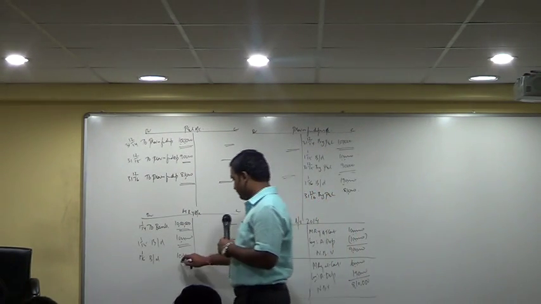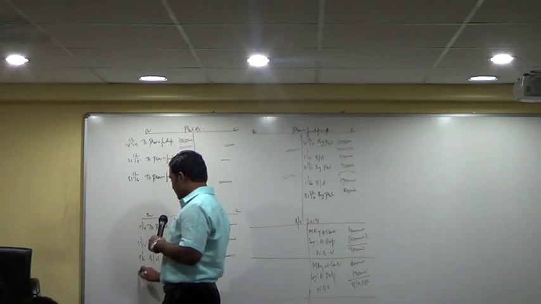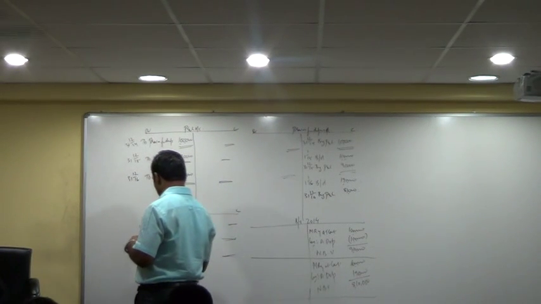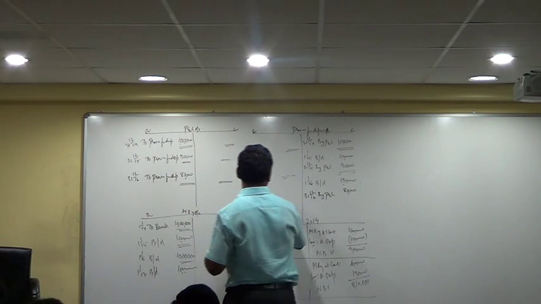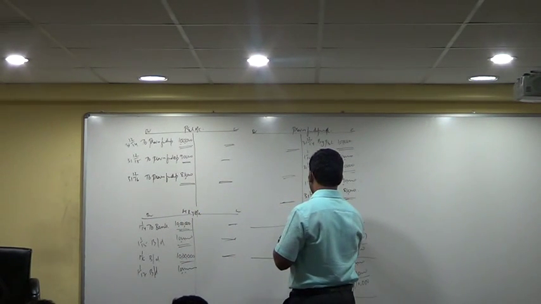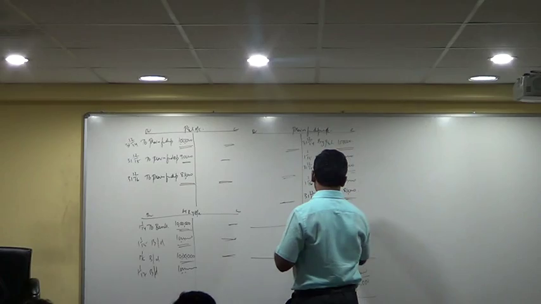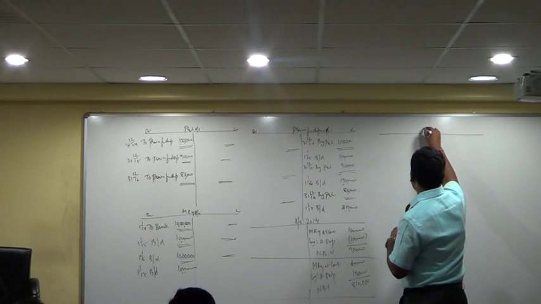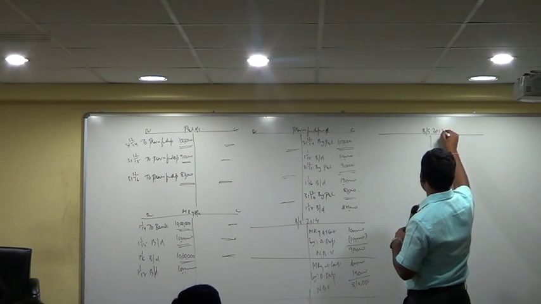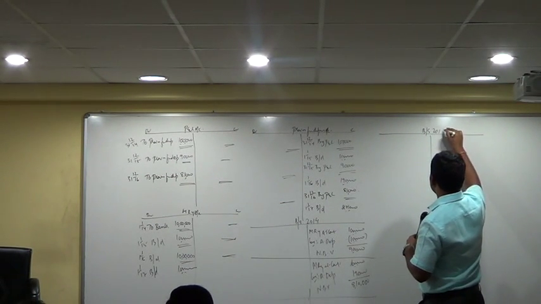Now balance. 1117 brought down 10 lakh. 1117 brought down 2,71,000. Balance sheet of 2016, sorry.